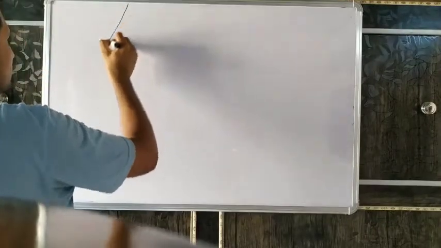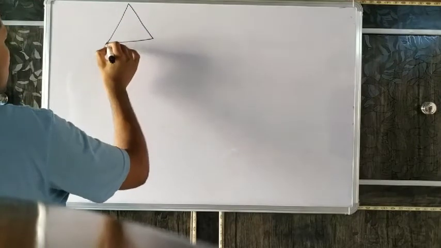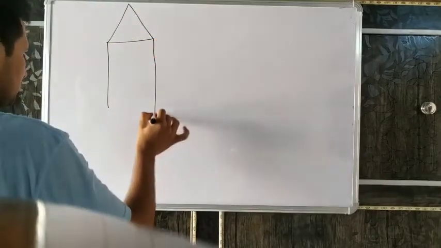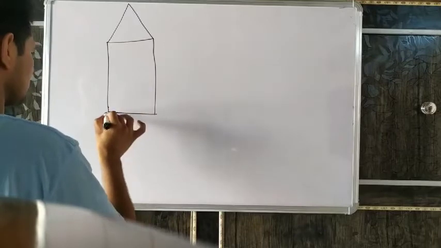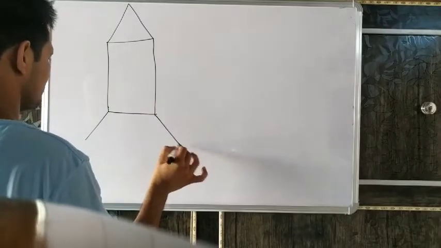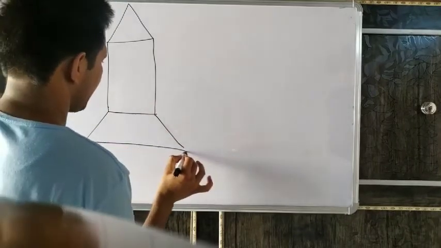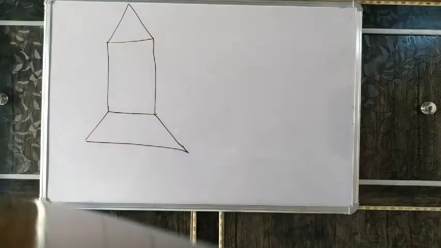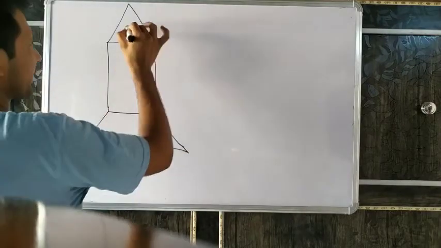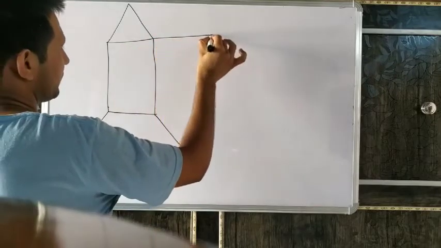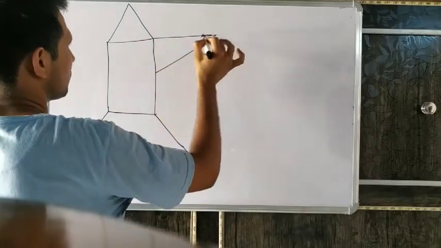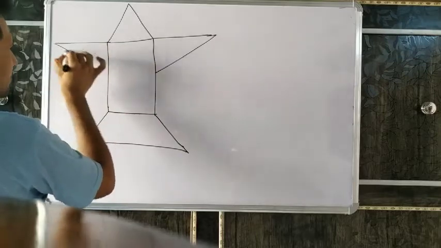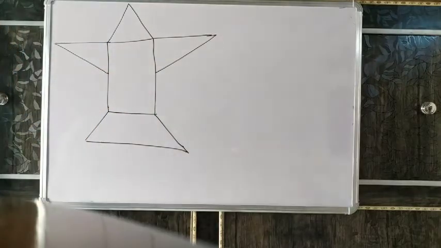I am writing here. In the downside, it is given like a trapezium, and this one is a triangle. It is a rectangle. It is a triangle.